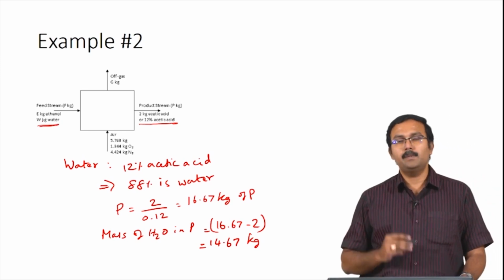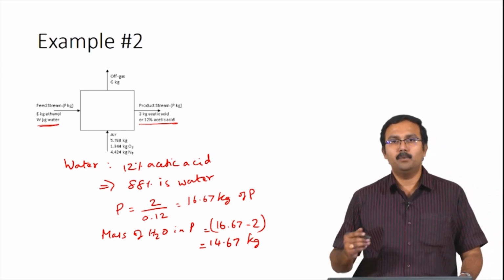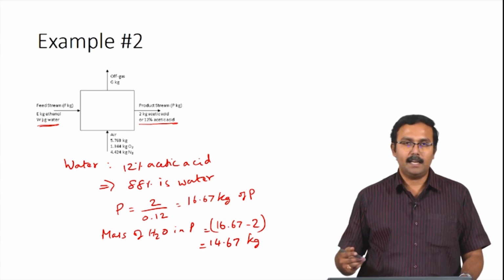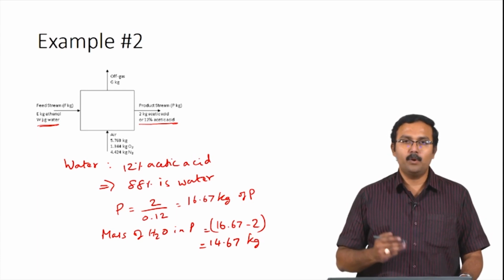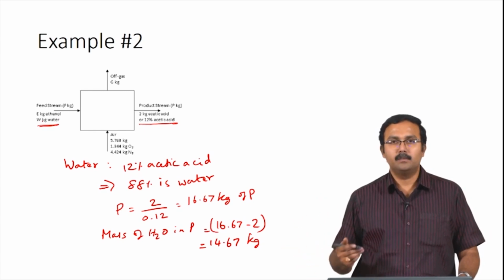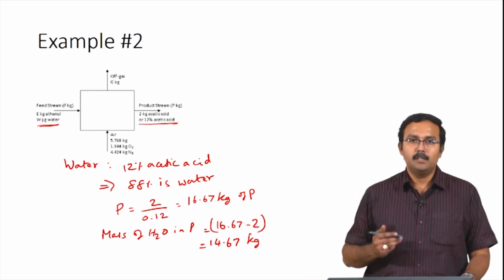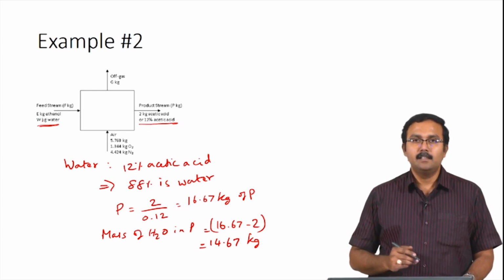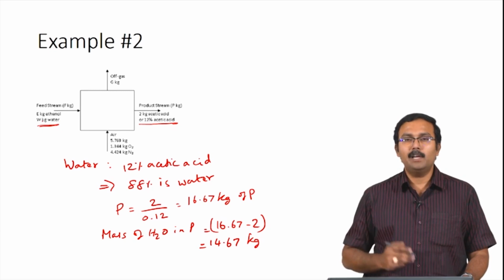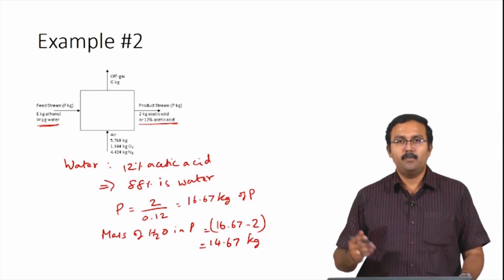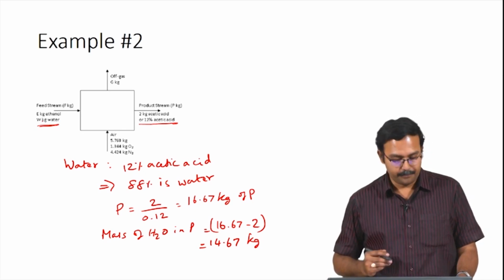In addition to water which is fed, you also have water which is generated during the reaction. If you had looked at the reaction scheme, it shows that ethanol forms acetic acid and water when it reacts with oxygen. So, we have water which is also generated. So, we can account for that while we are calculating the minimum amount of water that needs to be supplied for diluting the acetic acid solution.